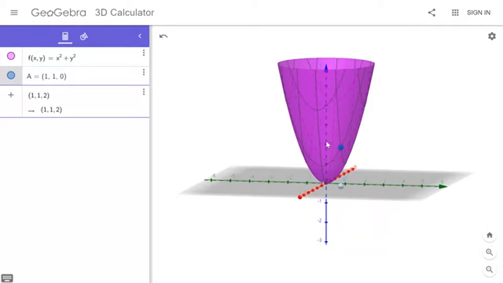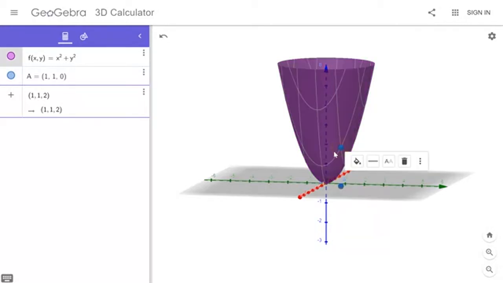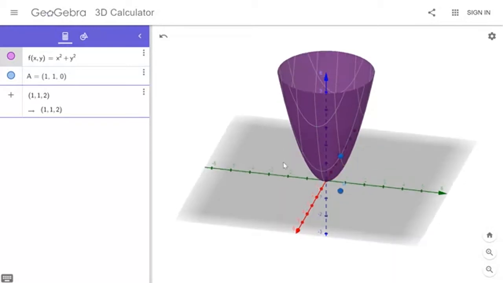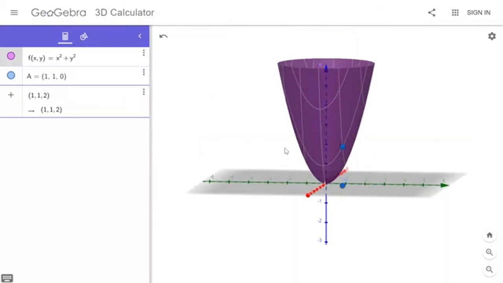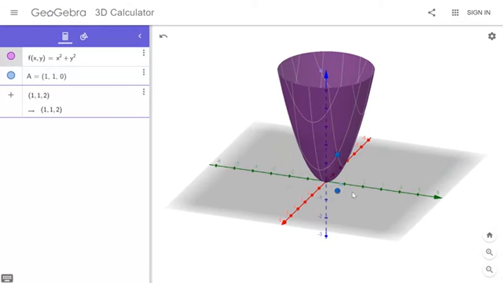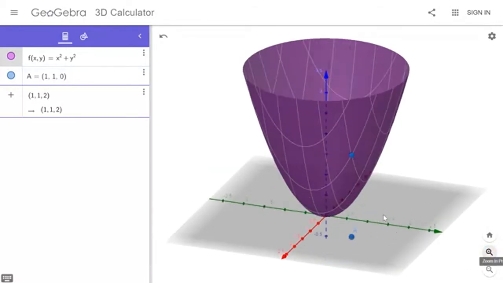So this point matches the point 2 on that line. My inputs are pairs of real numbers, and outputs are numbers along this axis, and then we have the graph of it, which ends up being this really nice looking parabolic shape.